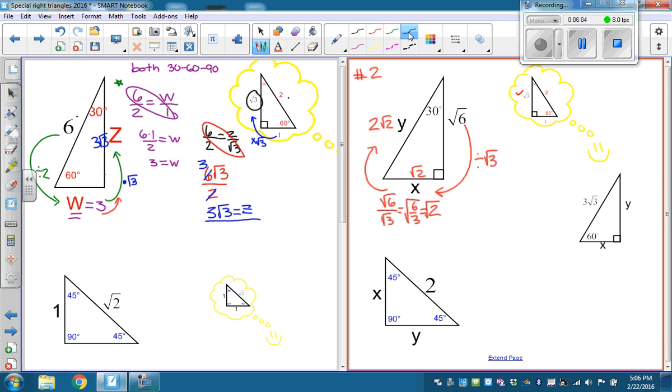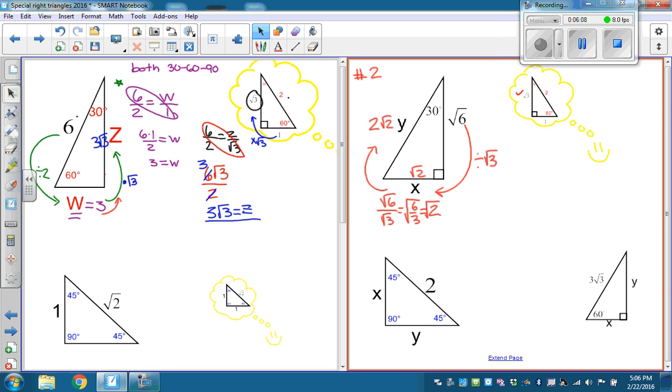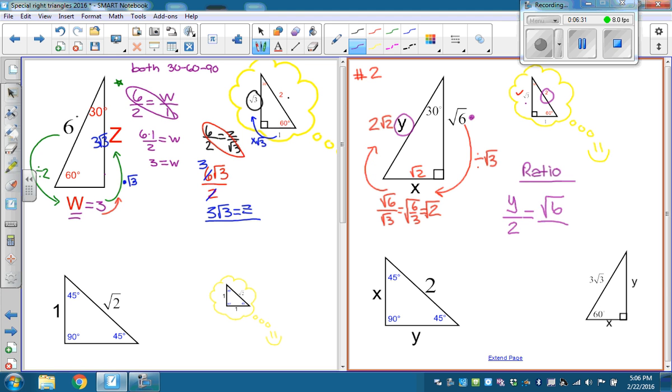So to check my work, or maybe to make more sense of that, since shortcuts are sometimes not very easy to understand, you can solve with the ratio proportion. I can compare y to 2, because that's hypotenuse to hypotenuse, as the square root of 6, which is what I'm given, long leg to long leg, square root of 3.